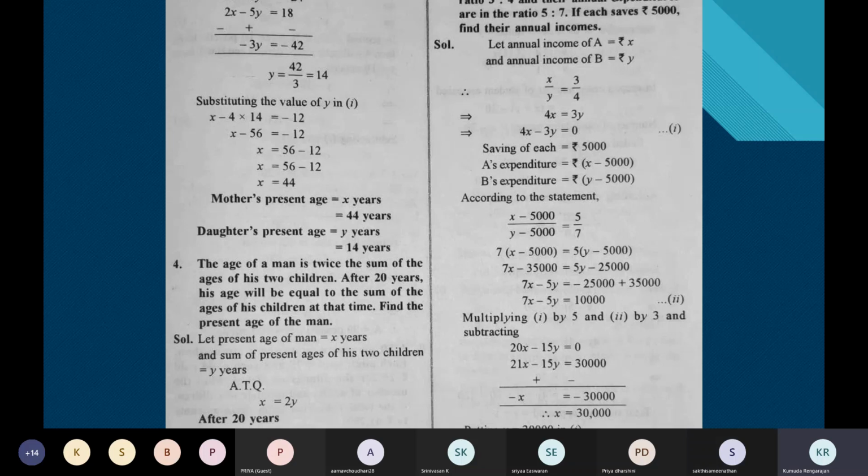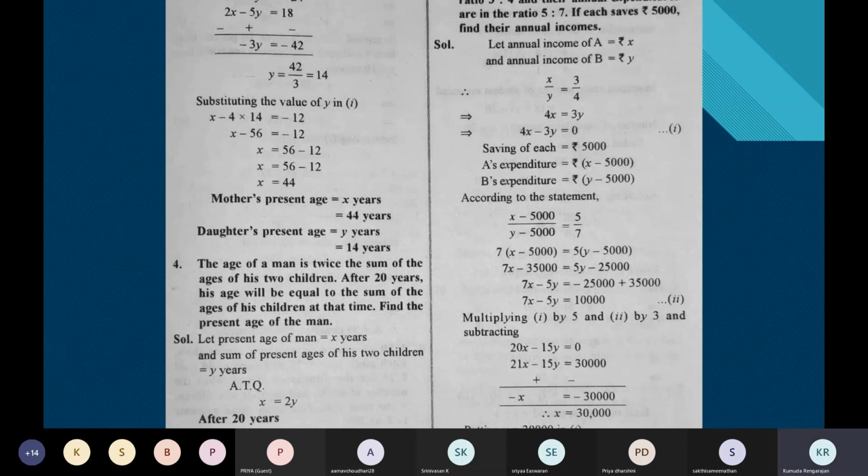What we need to realize is, in 13 plus 7, 20, there are two children. Each of their ages will increase by 20 years.